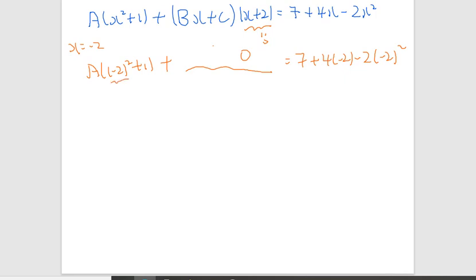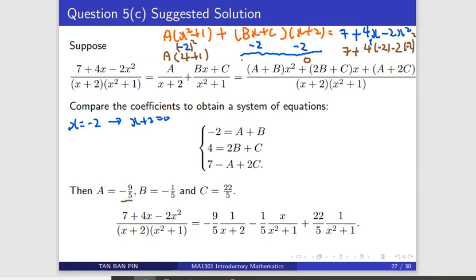Then this will give you 4, right? So it will give you 5a equal to 7, and then 4 times minus 2 is minus 8, then minus 2 square 4 is 8, so you give you 7 minus 8 minus 8, so it gives you minus 9, so a will be minus 9 over 5. You can check, the same as the answer you have here, minus 9 over 5.